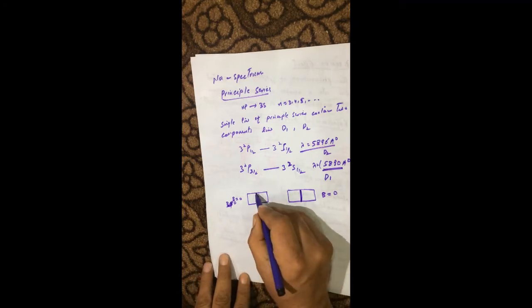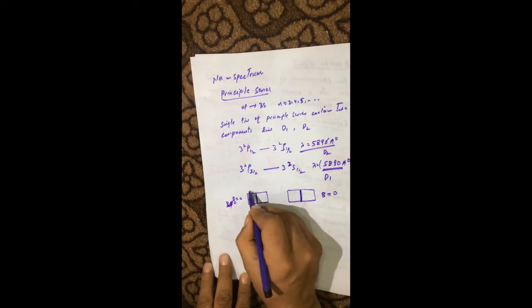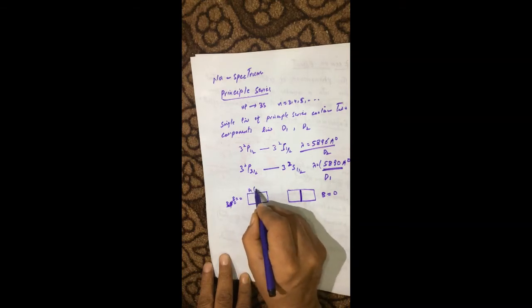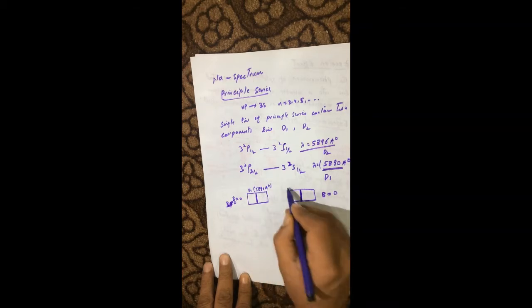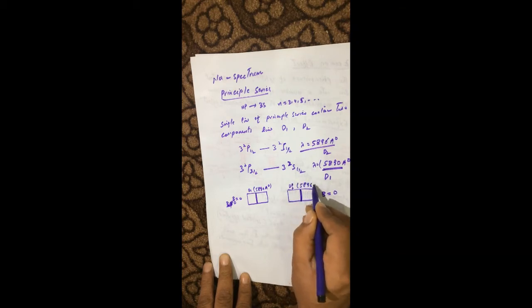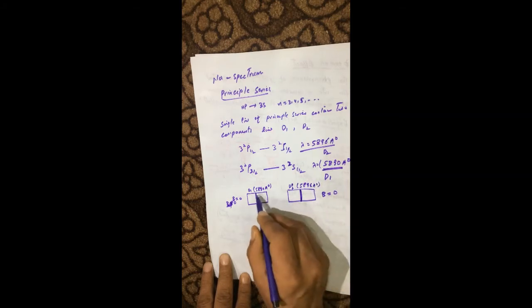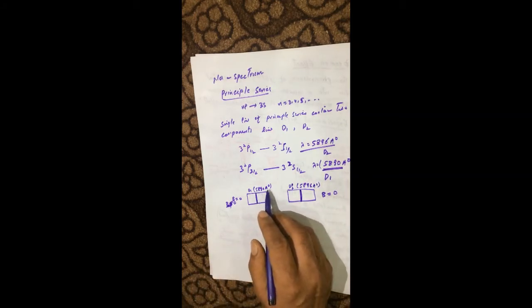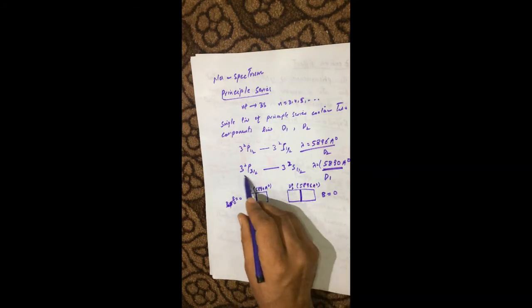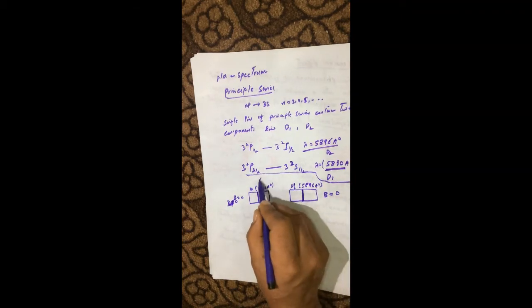I call this D1, its wavelength is 5890, and this is D2, and its wavelength is 5896 angstrom. These two lines are 6 angstrom away from each other. This is what we call the sodium doublet.